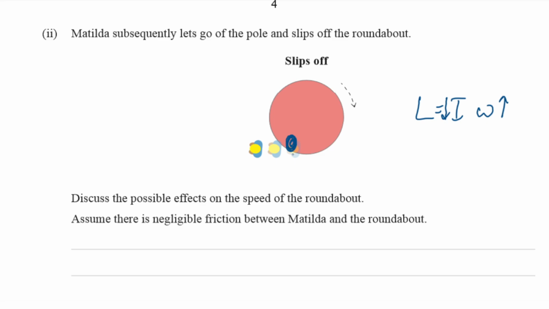There's that connection, if you'll recall, mvr. Angular momentum is linear momentum times the radius. So even though the angular momentum of Matilda has decreased, it has gone into her linear momentum. So the speed of the roundabout would remain constant.